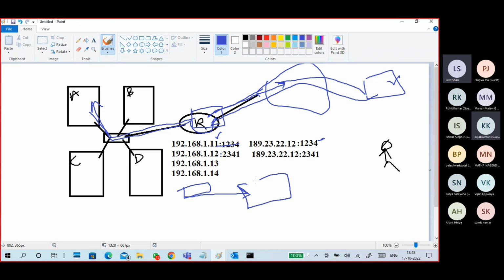In the router, in the translation method, it assigns a port number to your private IP address, and it sends the packet out with the public IP. So this is the private IP with the port number, and this is the public IP with the port number. It sends a packet outside to the internet with the public IP, and you reach the destination.